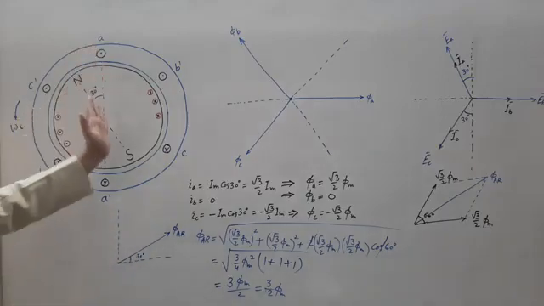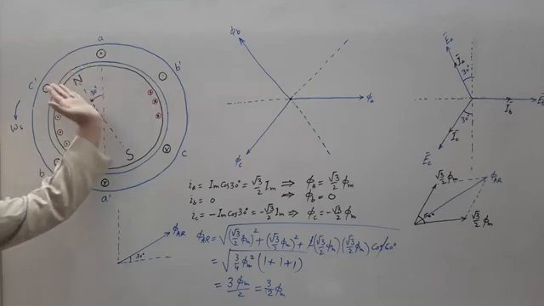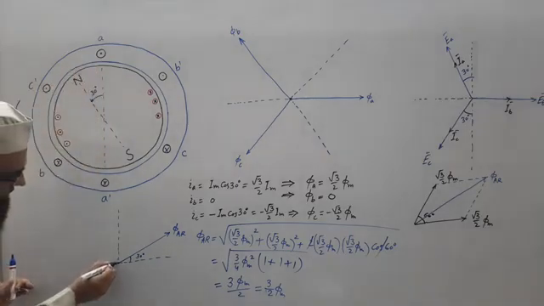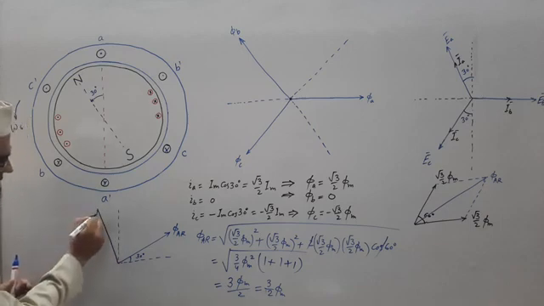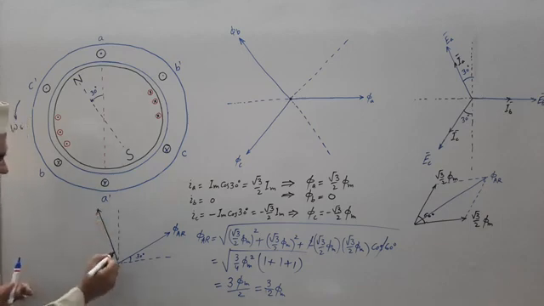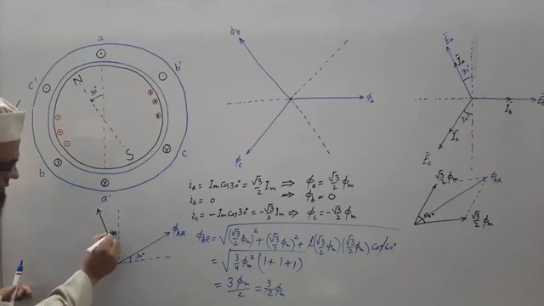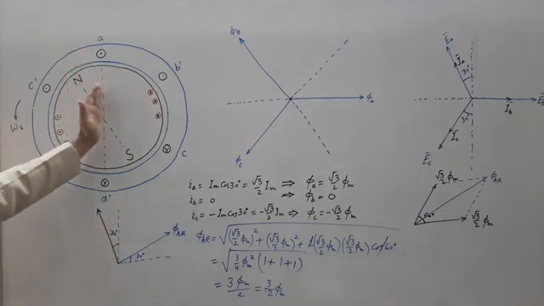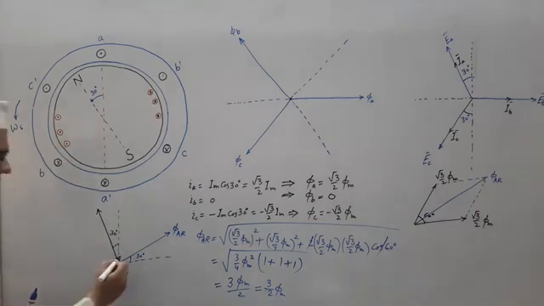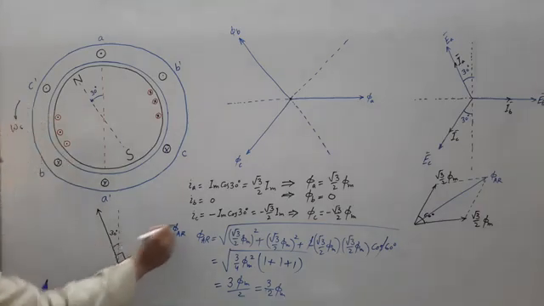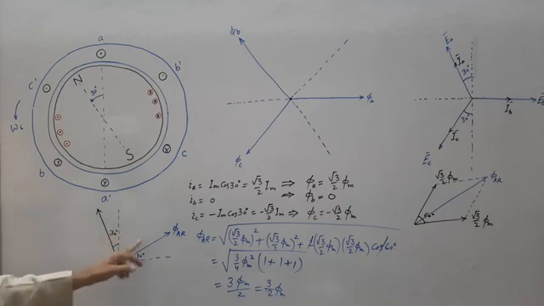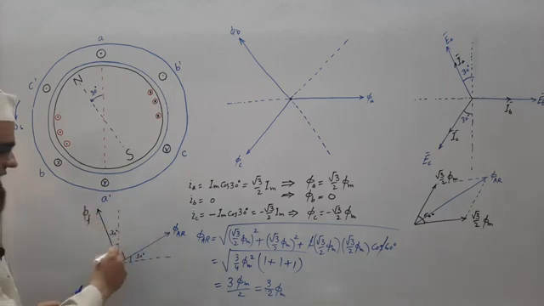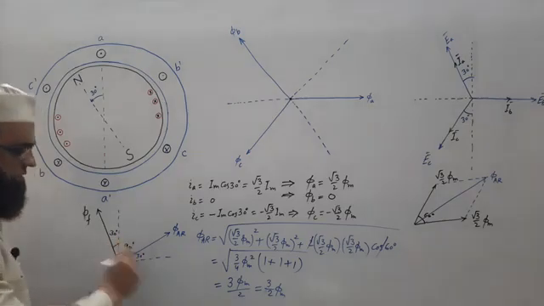At this moment phi F is making an angle of 30 degree with the vertical. That's why if you want to represent phi F, so make it along this 30 degree. You can observe from here. Now phi F is not vertical, no longer vertical, 30 degree. So what will be angle between these two? Again we can observe that angle between phi F and phi AR is 90 degree.